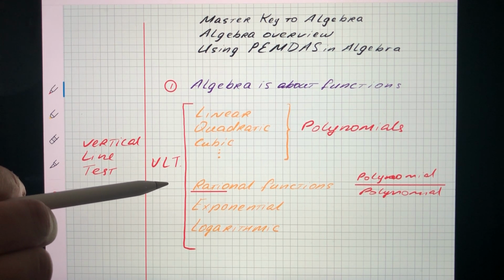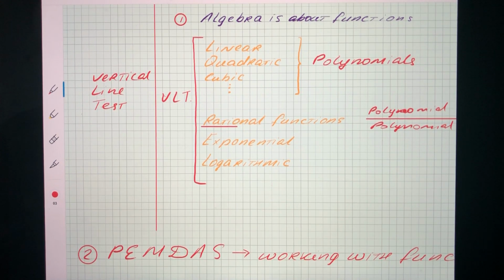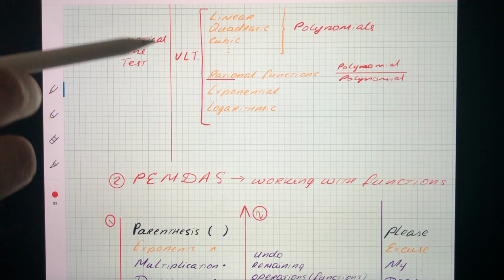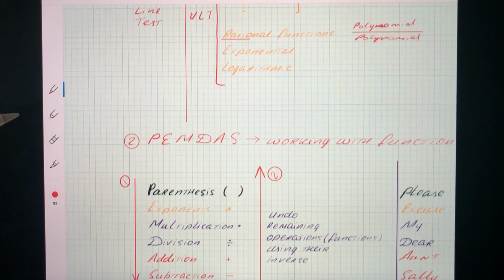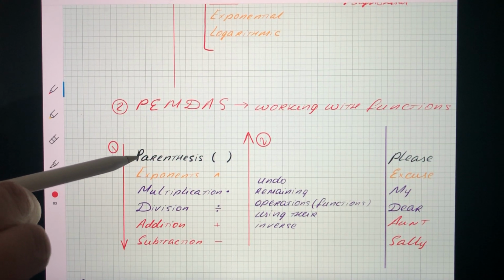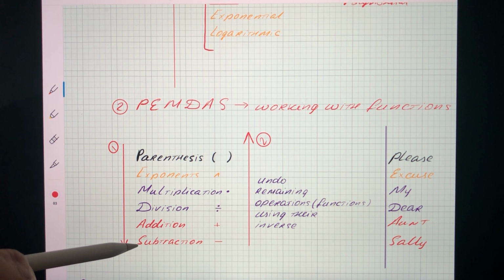So the next thing to discuss is the order of operations, which is PEMDAS. And PEMDAS simply helps us to work with the functions that we will encounter in algebra. PEMDAS stands for parentheses, exponents, multiplication, division, addition, subtraction.